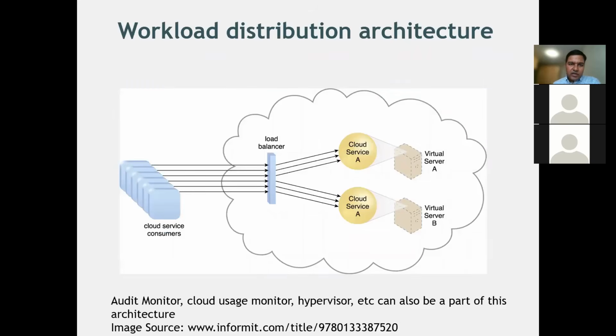This type of architecture can be used in audit monitoring. You have too many cloud consumers, and the load balancer will receive these requests for services and distribute the load. There can be 2, 5, 6, or 100,000.